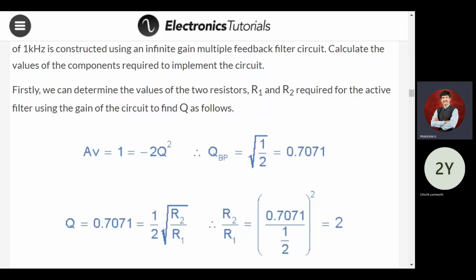This is your FH, this is your FL. Both are separate circuits. The outputs of both have to be given to one more op-amp stage where both are summed. So this will be as it is written, and this will be as it is written. In between, we are going to have a stop band.